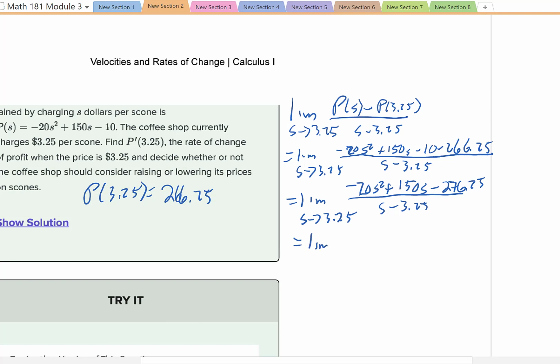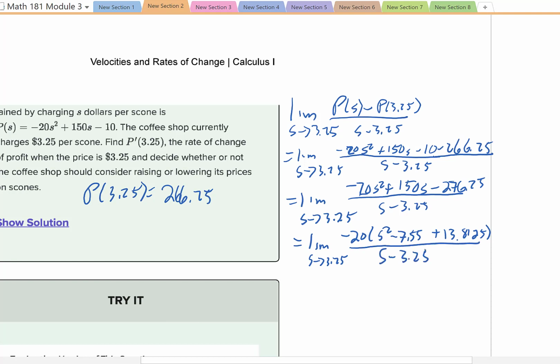We have the limit as s approaches 3.25 of negative 20 times, we have an s squared minus 7.5s plus, this is going to look really weird, 13.8125. And don't lose heart over this because it actually factors out.